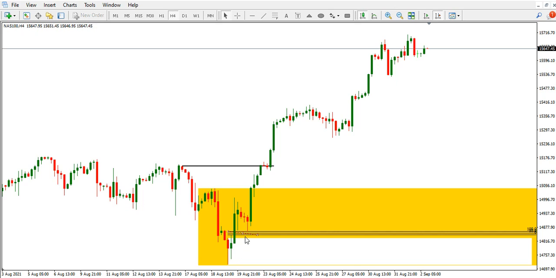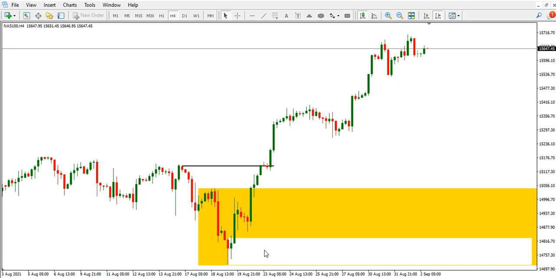Okay, and then again, confirmation number three of this order block is that it has a lot of volume after it. Price just pulled with big bullish candles, not small bullish candles.